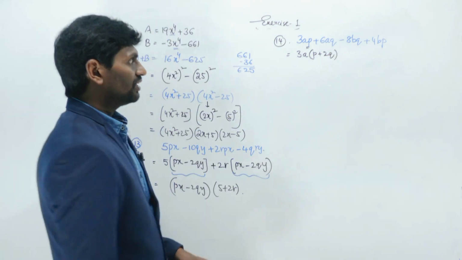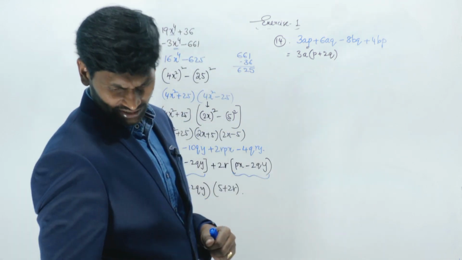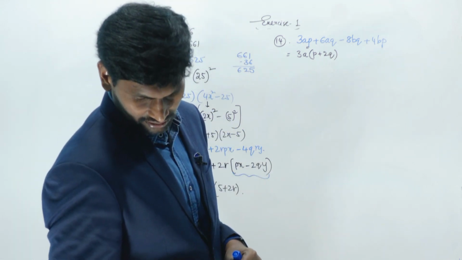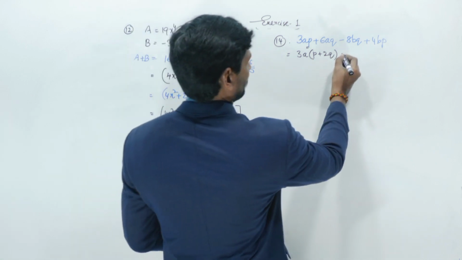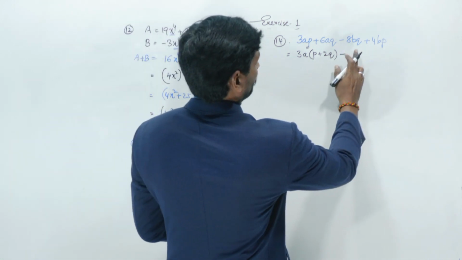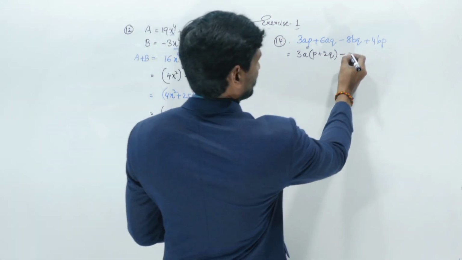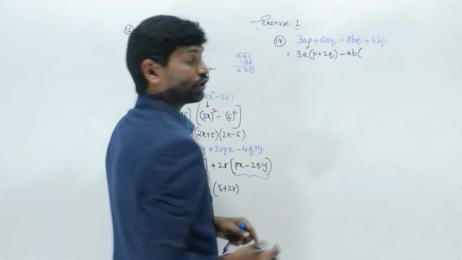Next two terms, I can take the minus right here. Let us take the minus term here. Now we can see 4b is a common term.